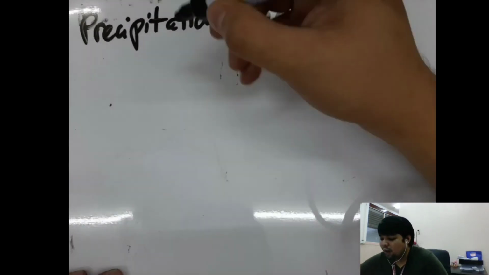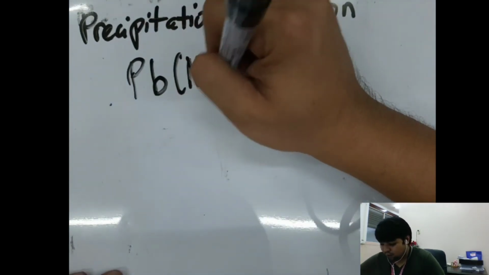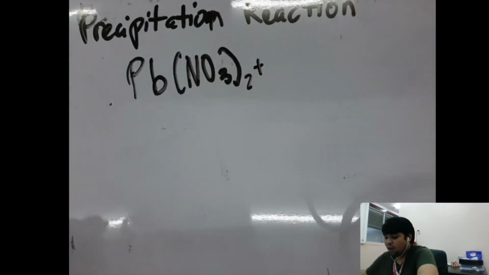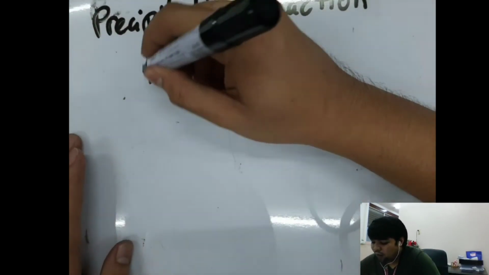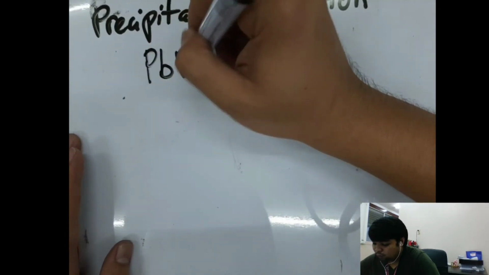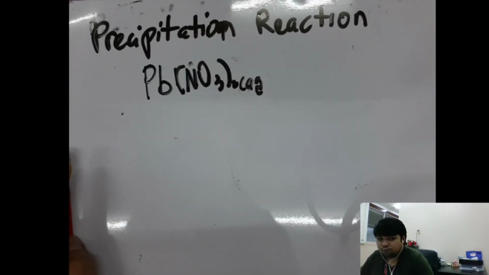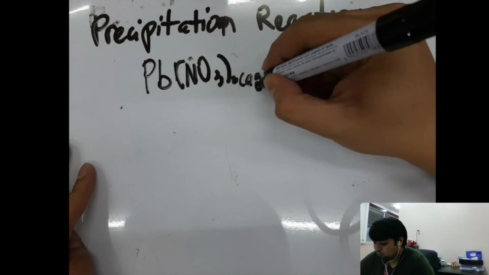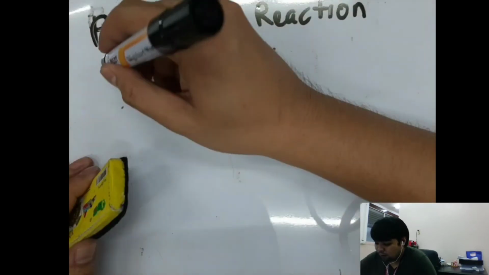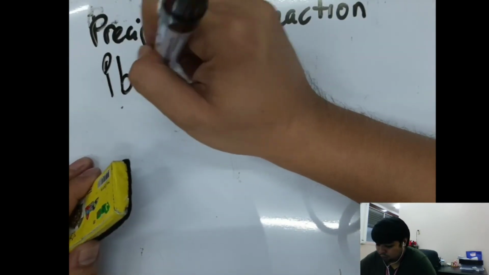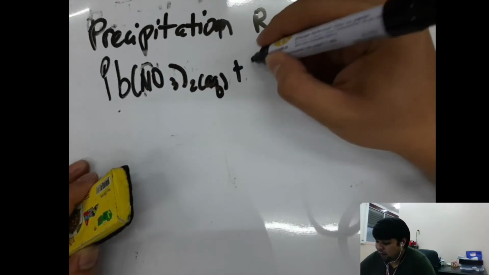Okay, so let's take a reaction here. Lead nitrate, or lead(II) nitrate, in aqueous solution will react with potassium iodide.